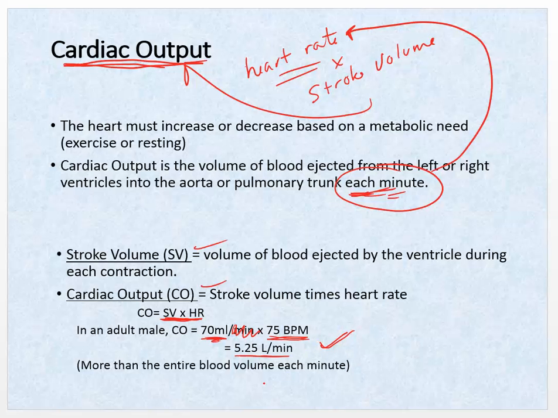The blood volume of an average man is probably about 4 to 5 liters. So if we figure 5 liters of blood are in this person, then every minute he is pumping more than his blood volume, but around the same. That's probably what you're doing: your own blood volume every minute is being pumped through your body.